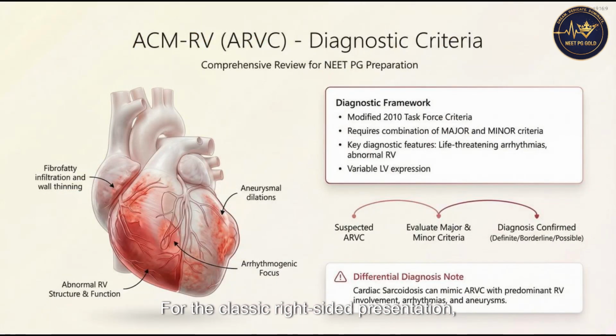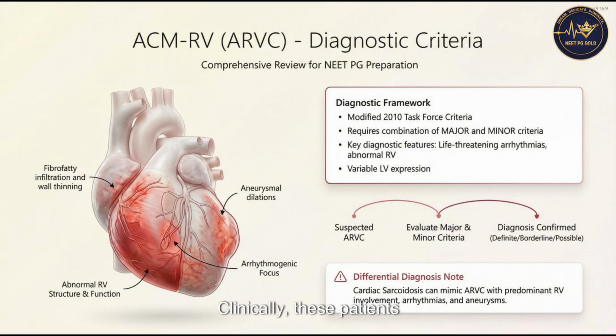For the classic right-sided presentation, now called ACM-RV, we rely on the modified 2010 task force criteria. This diagnosis is not made by a single test, but by a combination of major and minor criteria involving structural changes, histology, and ECG findings. The hallmark description you need to recognize is fibrofatty infiltration, leading to aneurysmal dilations and wall thinning in the right ventricle.